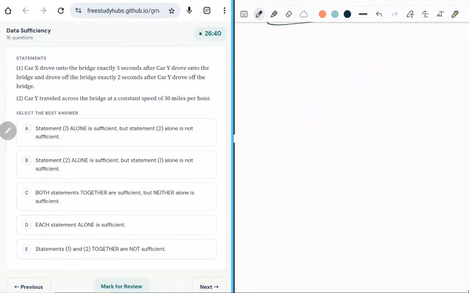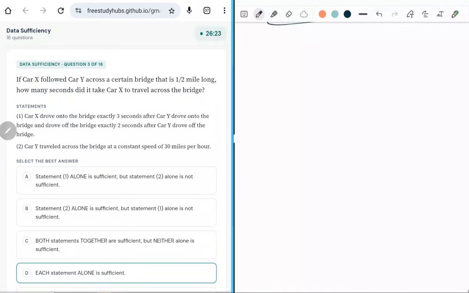What's the question? The question is: a certain bridge is 0.5 mile long. How many seconds did it take car X to travel across the bridge?